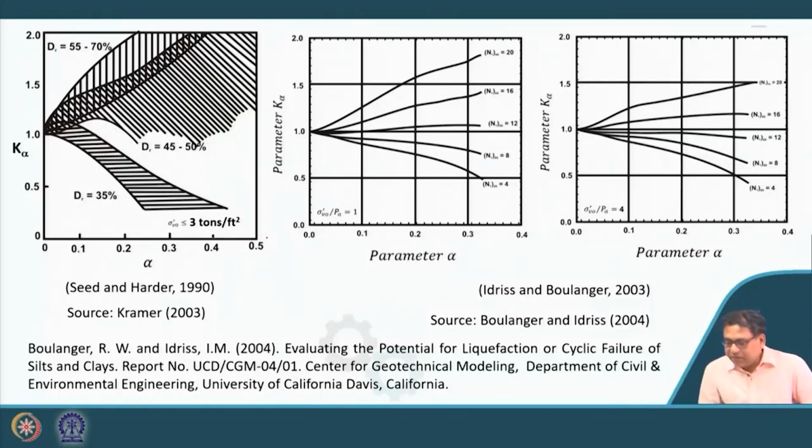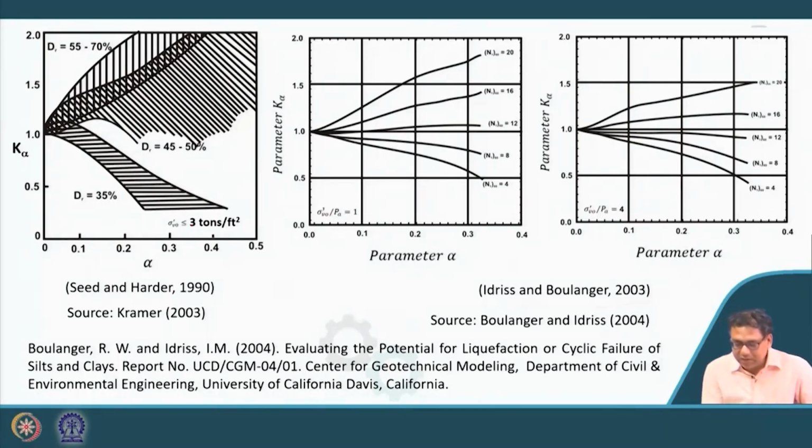But Idriss and Boulanger 2003 have also proposed two charts for sandy soil in terms of N160, and remember that the Seed and Harder chart is valid if your sigma V0 dash is less than or equal to 3 tons per square foot or 300 kPa. Similarly, Idriss and Boulanger have proposed two charts.